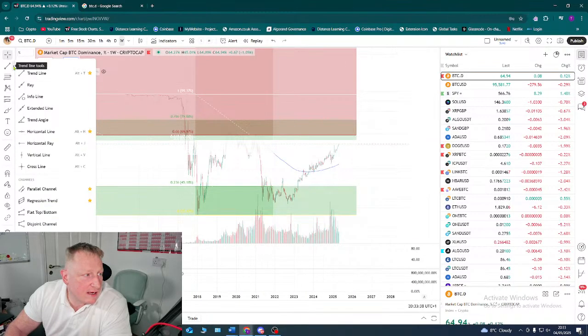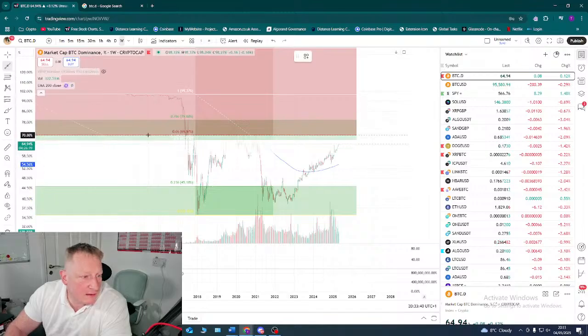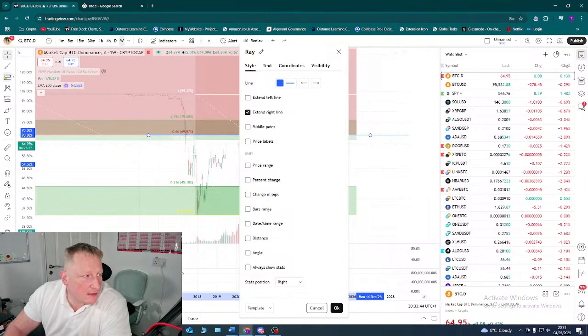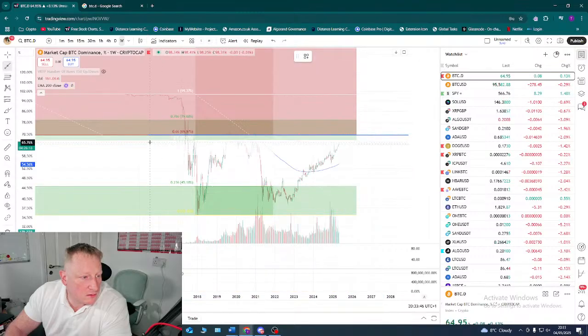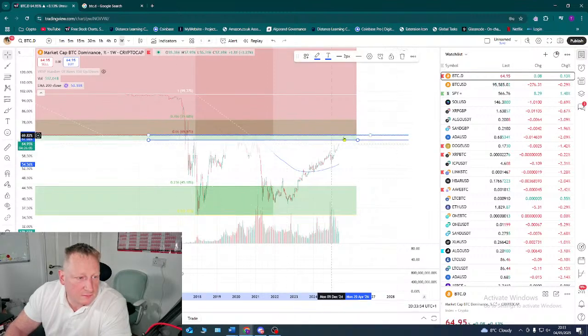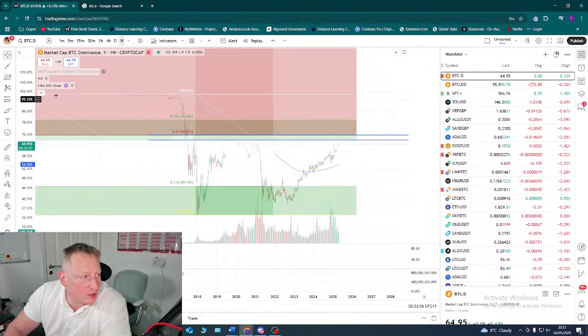If I just put a ray here, and another one just here, I'd say this area here is where I would expect Bitcoin dominance to go to.